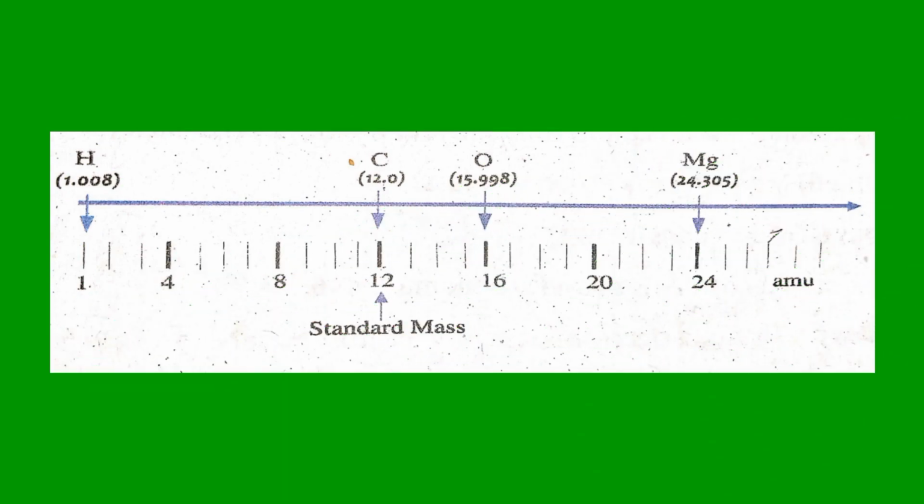This is an atomic scale showing the relative atomic masses of some elements and that of the standard element carbon-12. If we look at the scale, hydrogen has a relative atomic mass of 1.008.